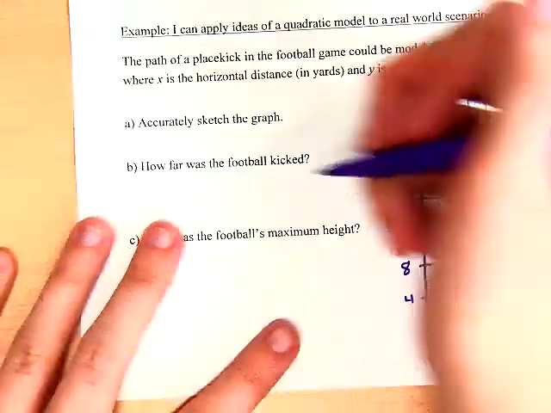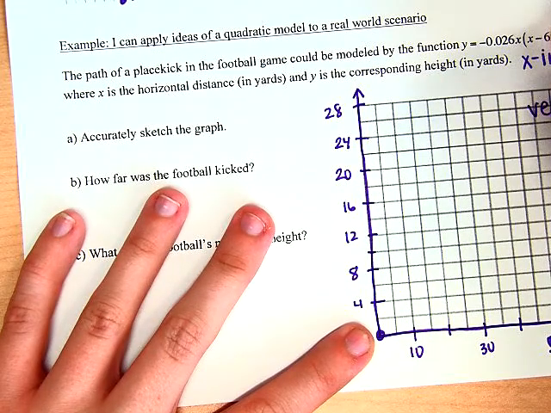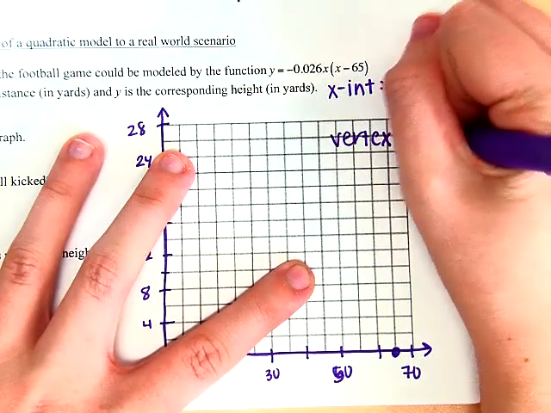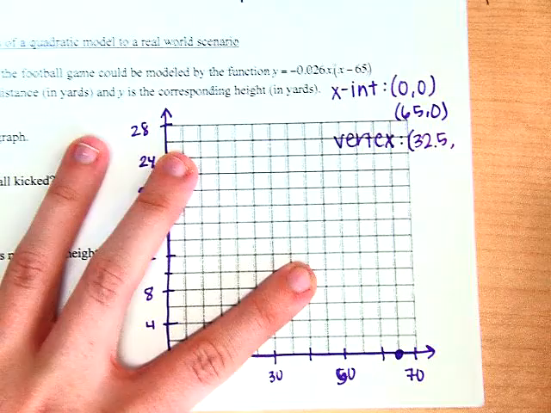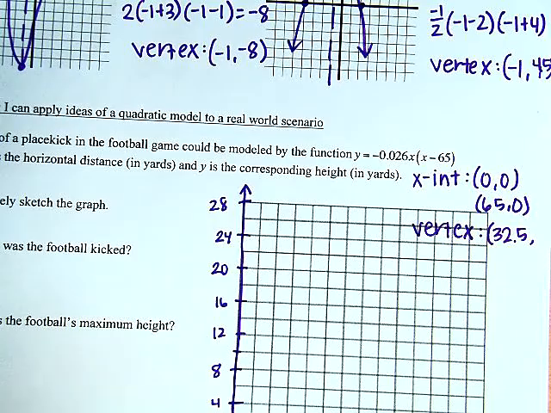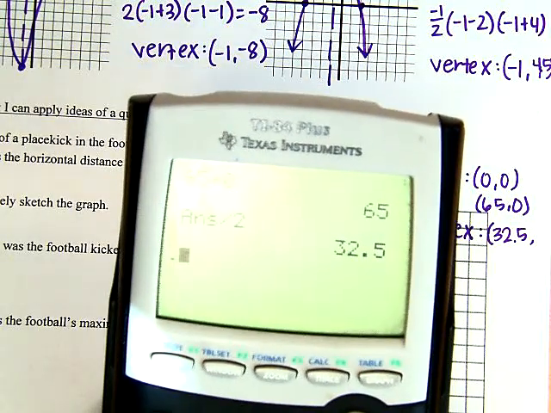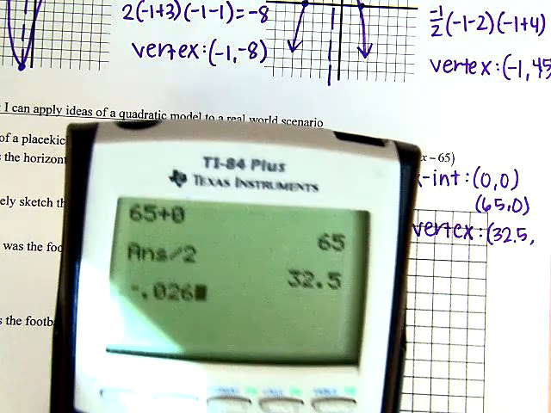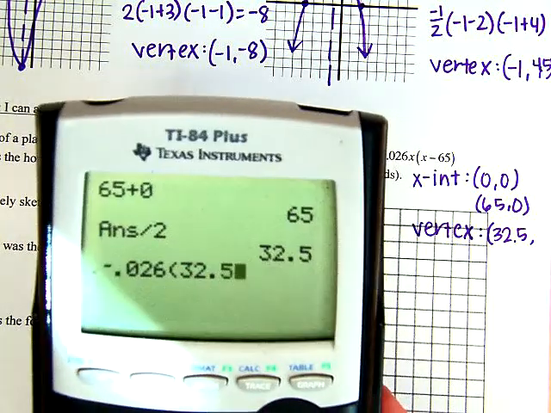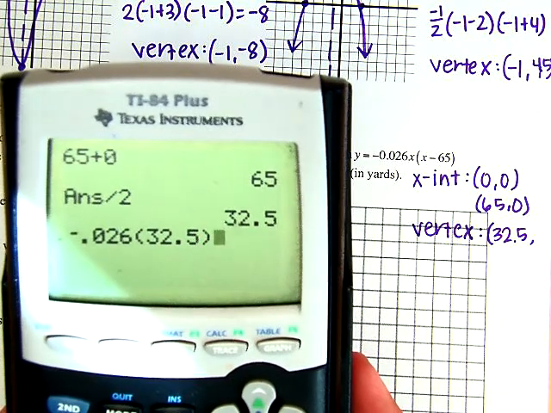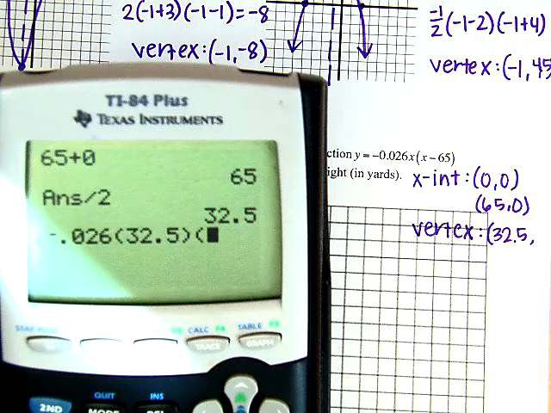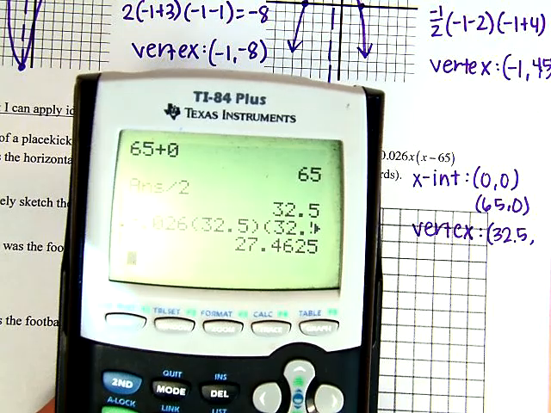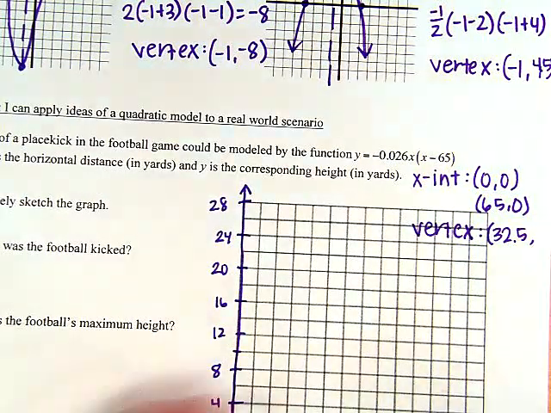My vertex, let's put it right here, is at 32.5, and then whatever you get when you plug in 32.5. If I use my calculator here, negative 0.026 times 32.5 times (32.5 minus 65), and I get about 27.5 around there.